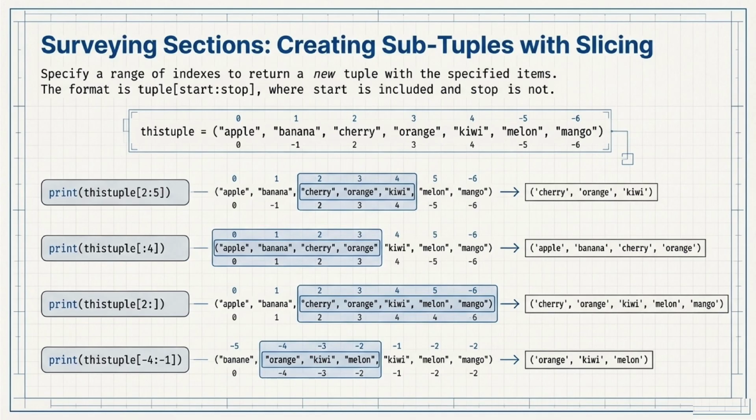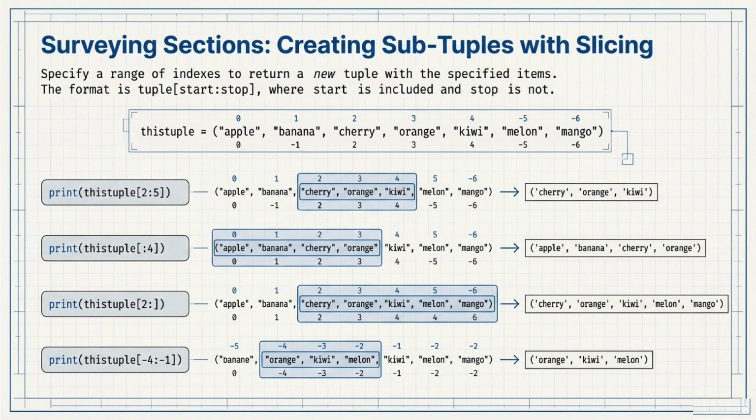So this_tuple[:4] returns apple, banana, cherry, orange. Similarly, if the stop index is omitted, slicing continues until the end of the tuple, as seen in this_tuple[2:], which produces cherry, orange, kiwi, melon and mango.